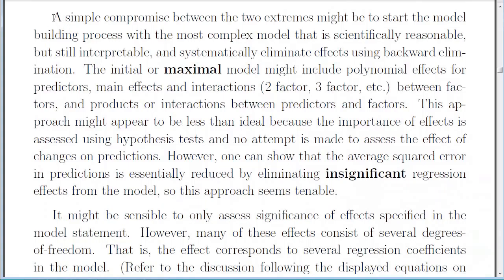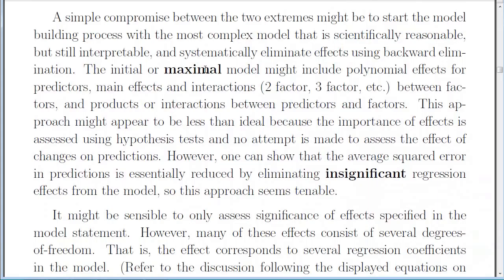This is basically the strategy that we've been using in our class. A simple compromise between the two extremes might be to start the model building process with the most complex model that is scientifically reasonable. So we start by fitting a full model, and then systematically eliminate effects using backward elimination until we arrive at a model where all remaining predictors are significant.